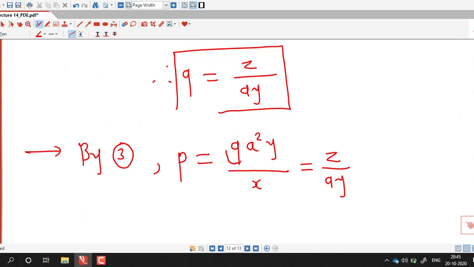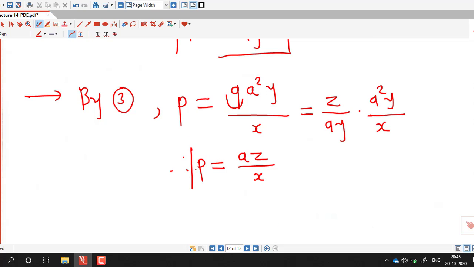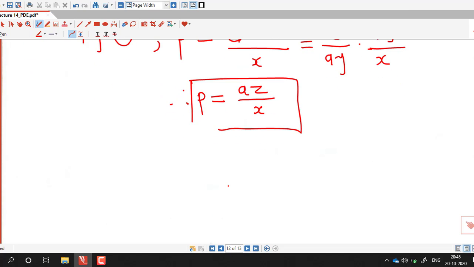Q is replaced by z upon ay into a square y divided by x. So therefore we can see here we will have a into z. Y will cancel out, 1 a will cancel out. So a into y will cancel out and we are left with p equal to az by x. So we now have values of small p and small q.